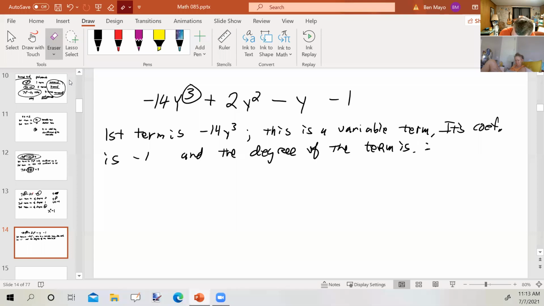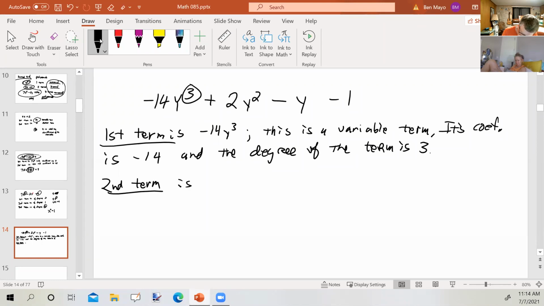Let's see if I can write a little bit more legibly. Okay. Second term is 2y squared. This is a variable term.